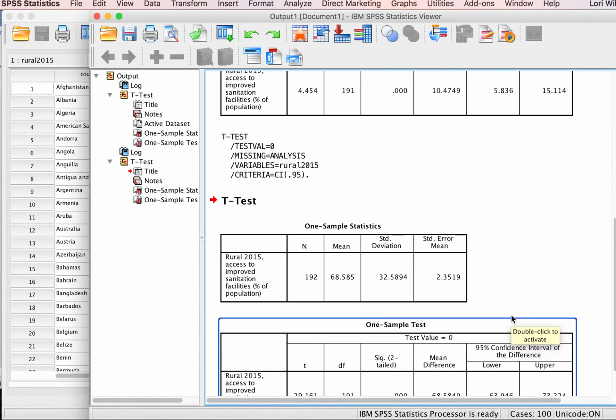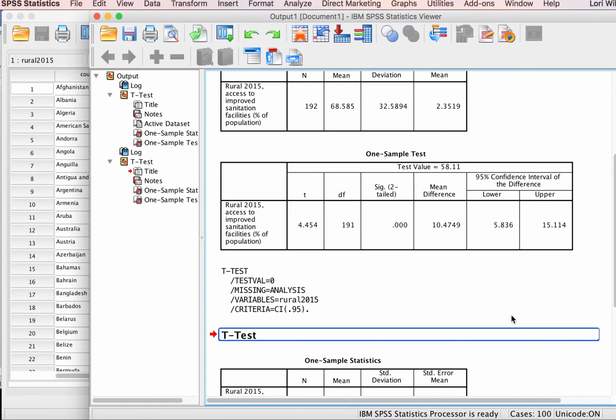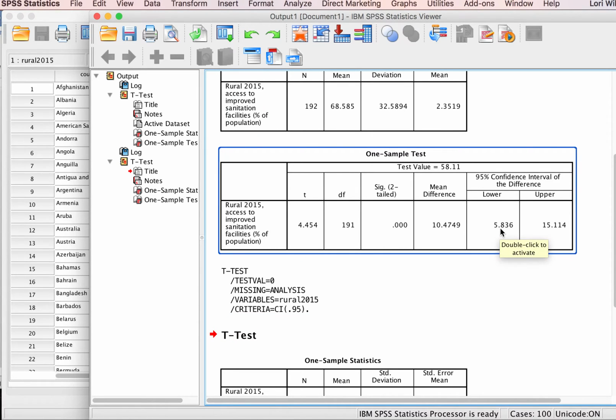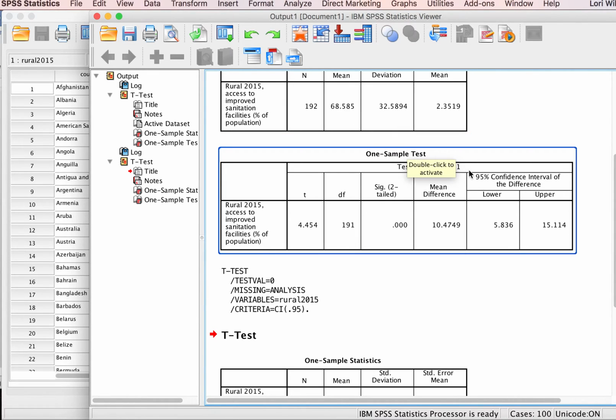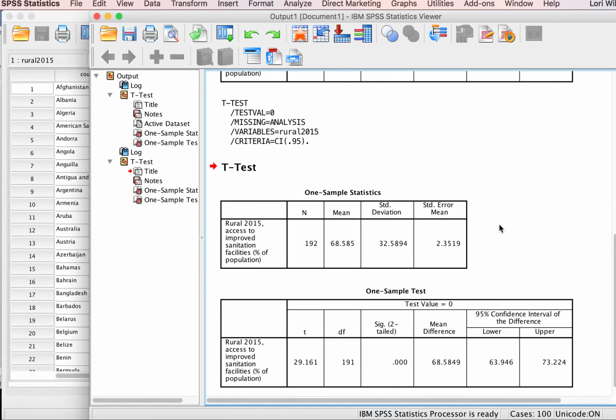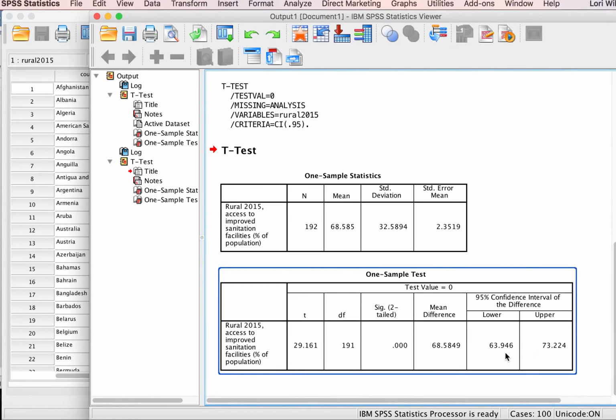Now, if I were to scroll back up here and look at the numbers that they've created here, I could take this value, this 68, and I could do the math. I could calculate it based on the confidence interval of the difference. So I could use those numbers to calculate this, but I want the computer to do it for me because then I know that I'm not just going to make an error.